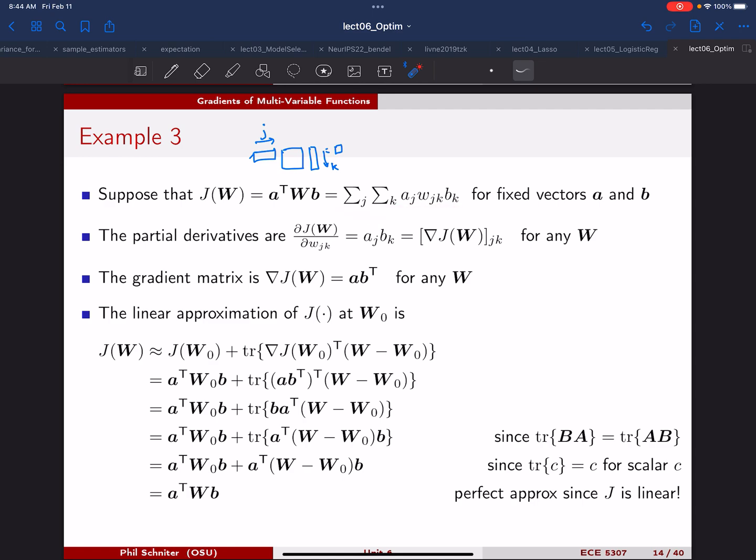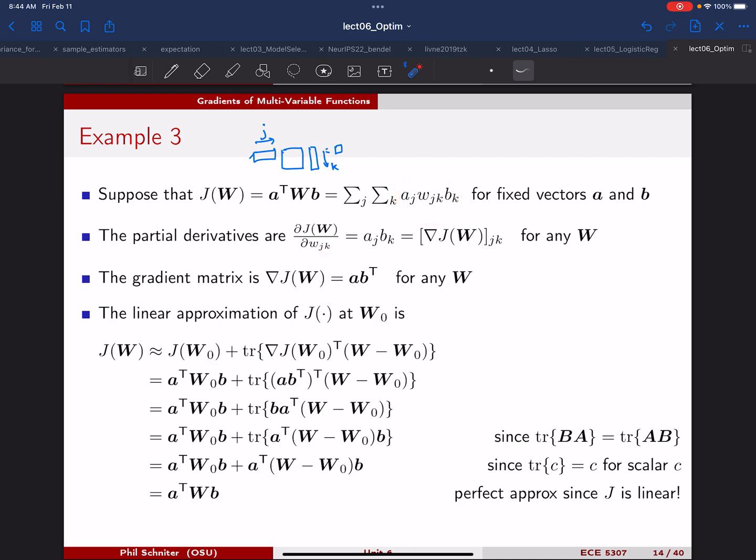So the first thing we want to do is evaluate the jkth entry of the gradient. So we know by definition that's going to be the partial derivative of J with respect to wjk. And if I look at this, I have a double sum of many, many terms. But if I'm focusing on one particular jk, then only one of those terms in the sum is going to contain both the j and the k I am taking my derivative with respect to.